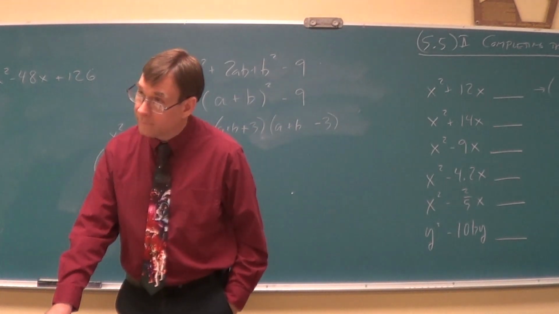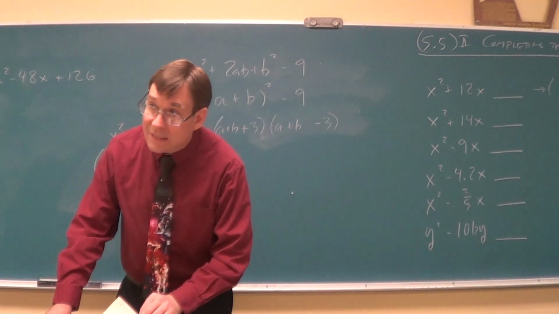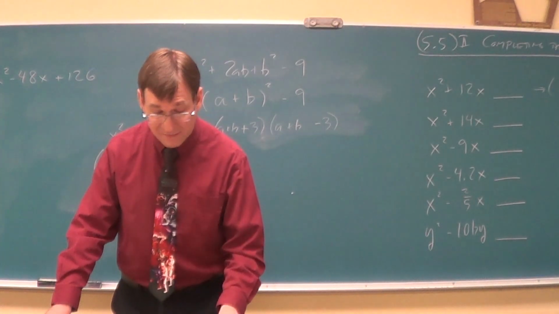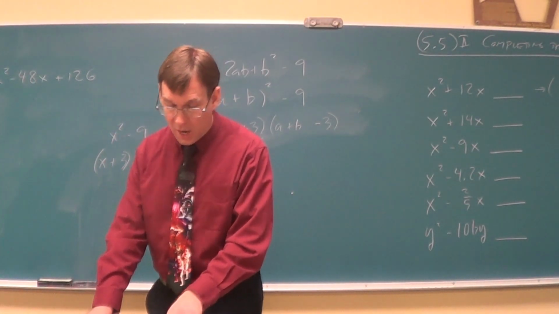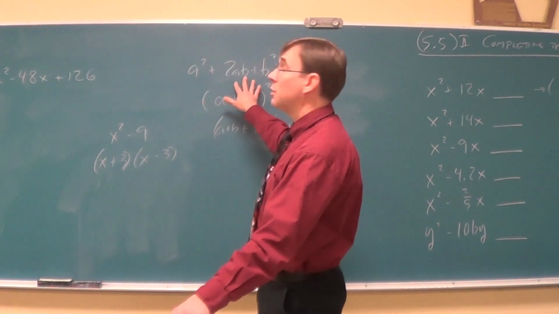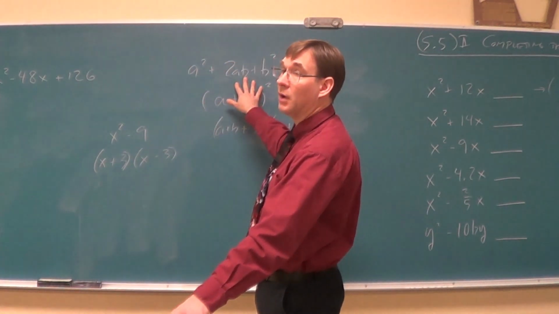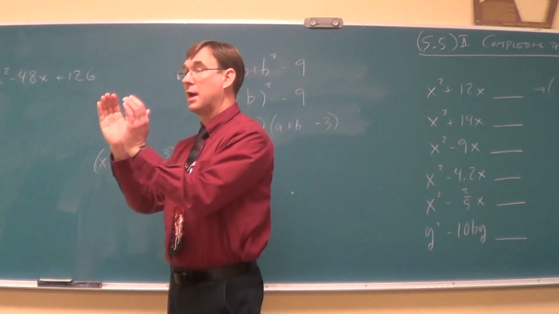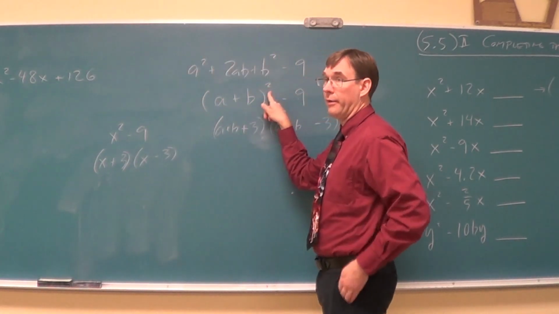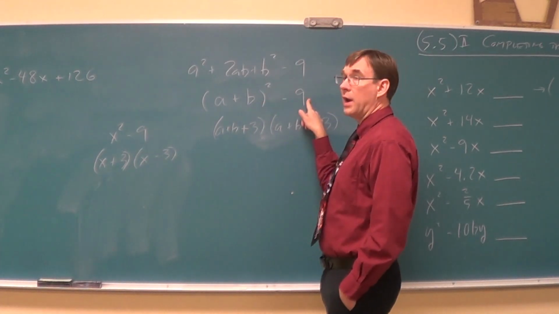Number 17. Okay, 17. I would do it pretty much like 15. Did you understand what we did on 15? The first 3 are going to make a square. Leave the other one out of it.